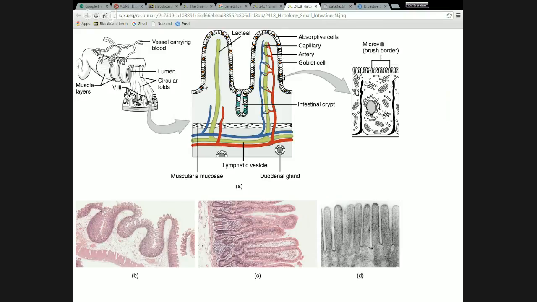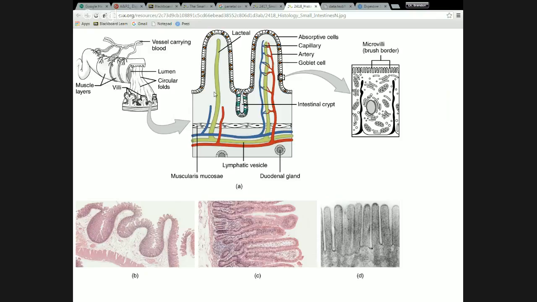And so instead of just having a flat sheet of cells, if we went from this side of the picture straight across, we might have 50 cells going from one side to the other in 3 dimensions. But instead, wrapping the mucosal epithelium around this finger-like extension gives us, I don't know, maybe a factor of 5 or 10 more cells. So instead of just 50 going along the base of the villus, wrapping around the entire villus, there might be, what would that be, 500 or so cells more, okay?